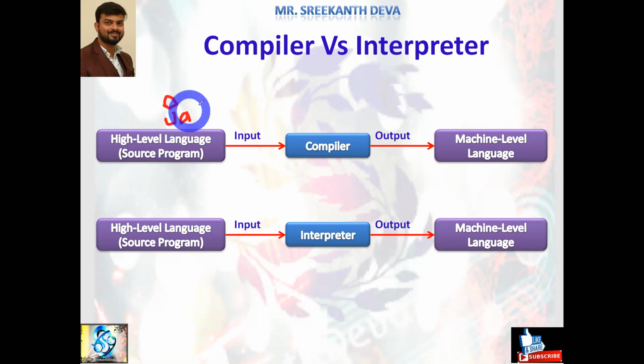In the case of Java, suppose I wrote this source code in Java. The Java compiler is responsible for compiling this source code, converting the high level language into object code. This object code is platform independent code in Java, because no operating system related architecture instructions are there in this object code.